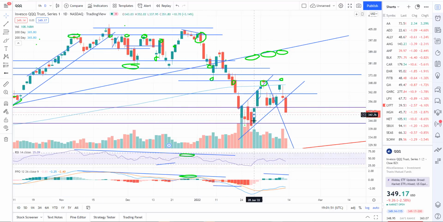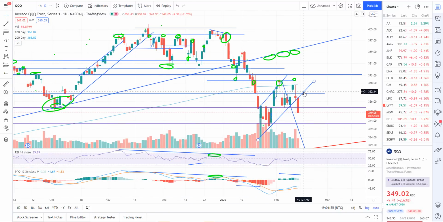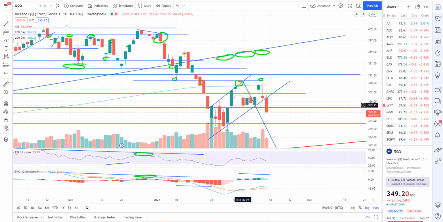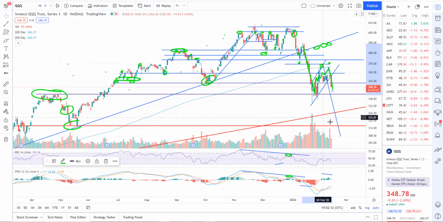So going with triple Qs now. We have a bear flag playing out right now. We're pretty much continuing the crash. What I've got marked out here is this flagpole, then we flagged out for a couple weeks, and then boom, breaking the flag today to the downside. That sets us up for the projected target.